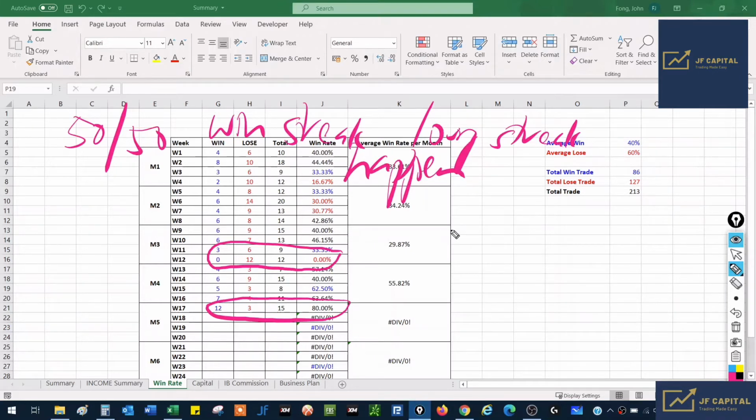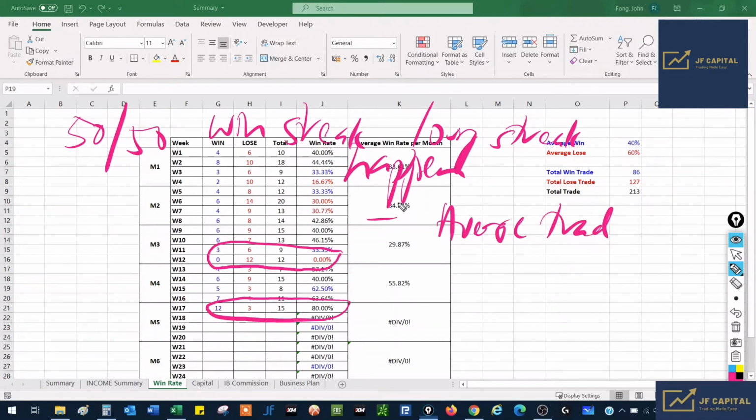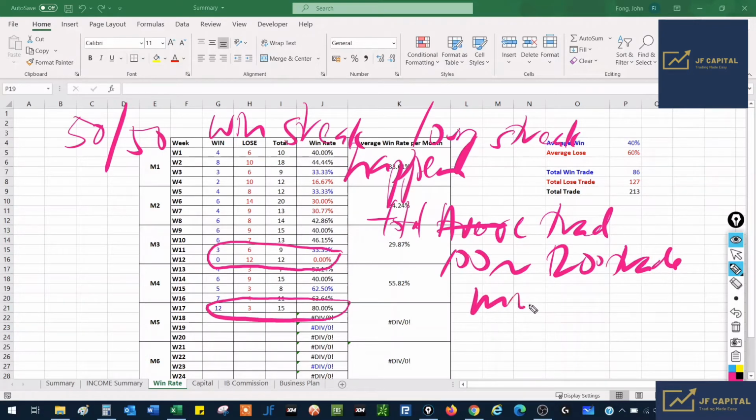As long as we consistently execute our trades, with the total number of trades around 100 to 200 as a minimum, you will actually get your true value of win rate.